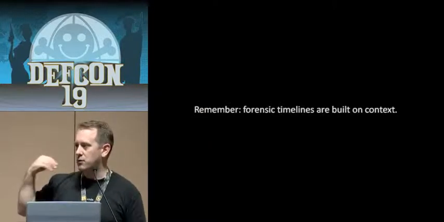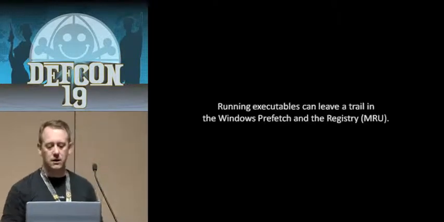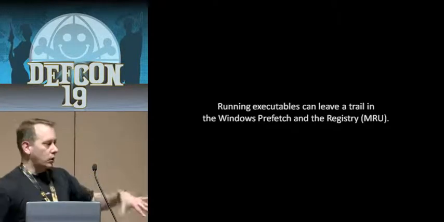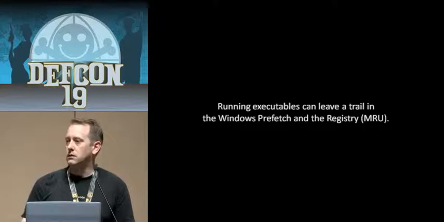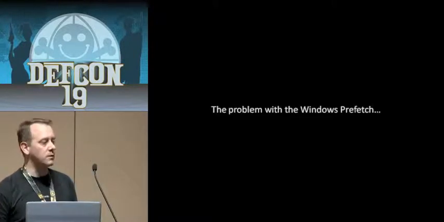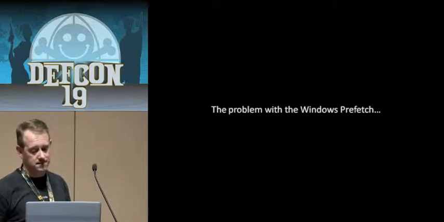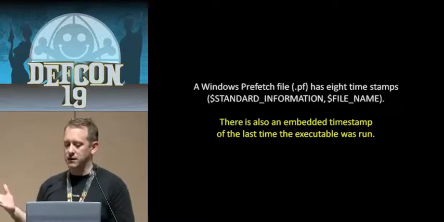So we have to remember that files and timestamps are analyzed in context. Which means if we're going to be running executables on someone's system, they're going to start leaving a trail. Time stomping doesn't fix the trail. We have problems with things like the MRU, and we have problems with the Windows prefetch. So let's talk about the Windows prefetch for just a second.